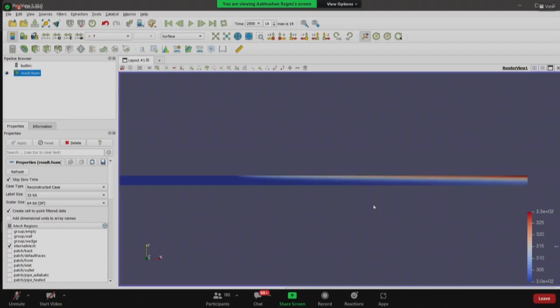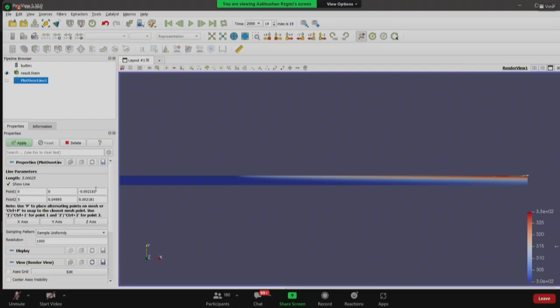So I was going to show you guys how we can plot our value of temperature and velocity profile at any given length. First you have to click on this plot over line. And instead of just typing 0.1 and 0.2, I want my line to be aligned. So I'm just going to click y-axis. Why am I going to click y-axis? You can see the axis direction here. So this is y.